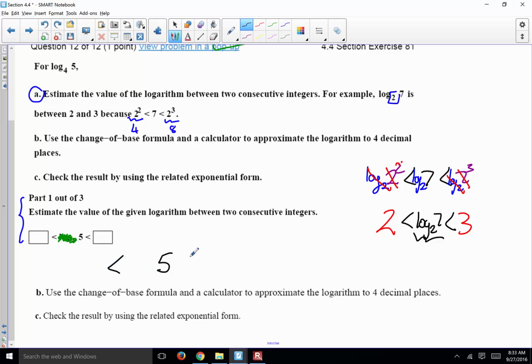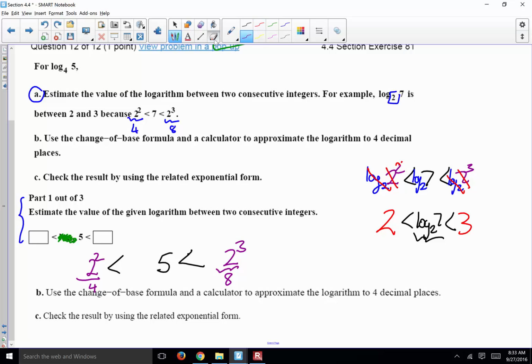So take some space, use some powers to put 5 between those two. What two powers is 5 between? Oh, it's the same. I can cheat here. It's between 2 squared and 2 cubed. Is this gonna work? Yeah, it's 8 and 4. What is wrong with that? 5 is between 8 and 4. Right?